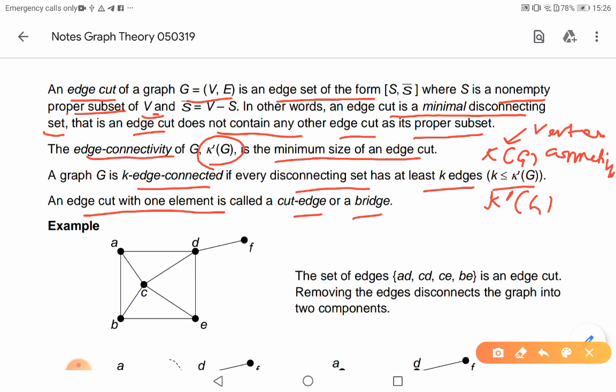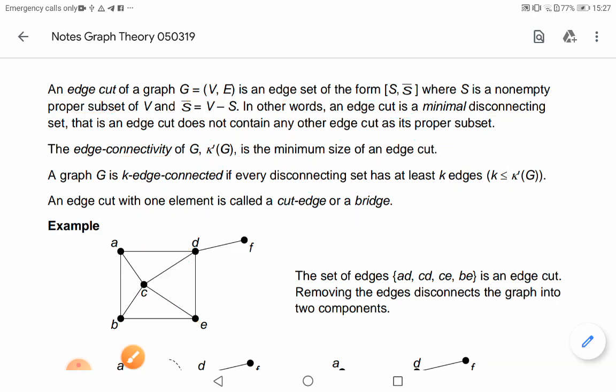Okay, look at this example. If we have this set of edges, AD, CD, CE, and BE, and we cut these edges, what will be the components left? Let us see here.